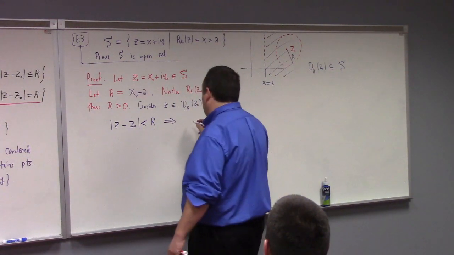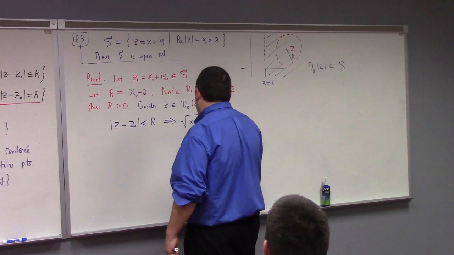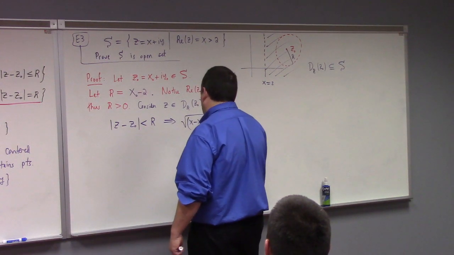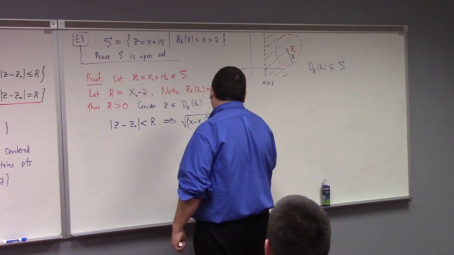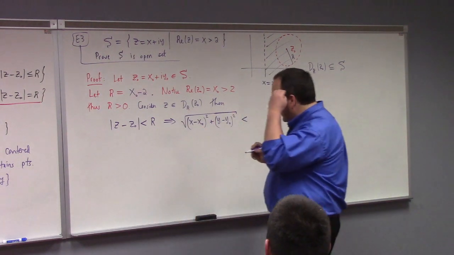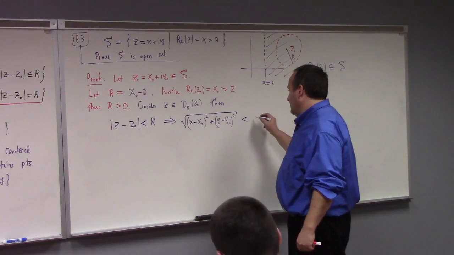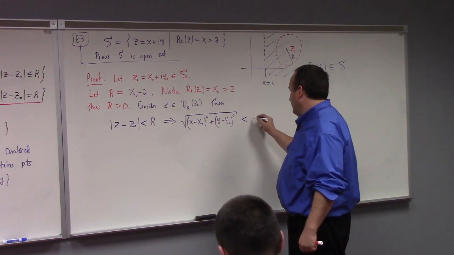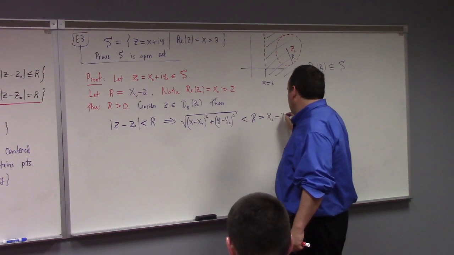That tells me that the square root of the quantity x minus x naught squared plus the quantity y minus y naught squared is less than what? Is less than r, which is equal to x naught minus 2.